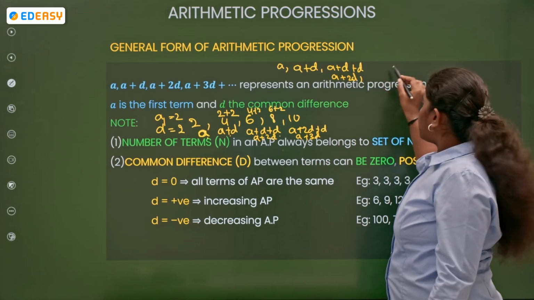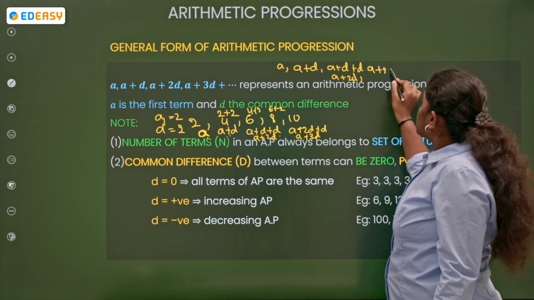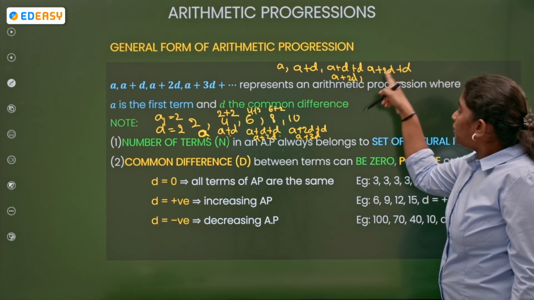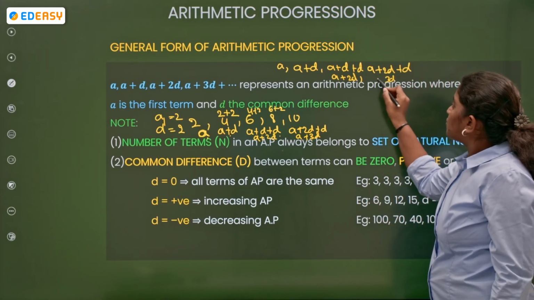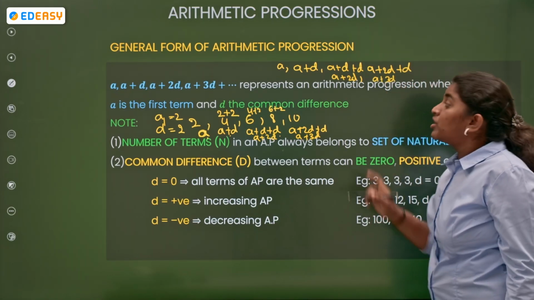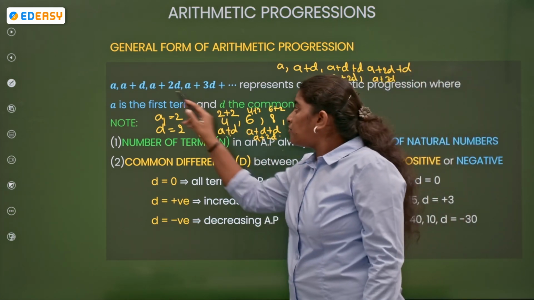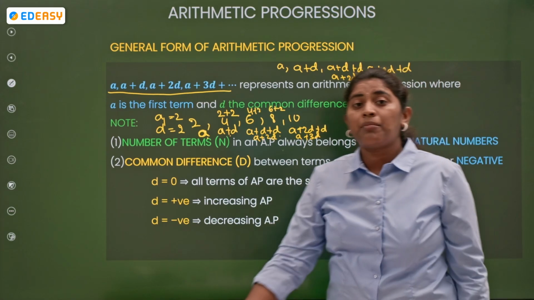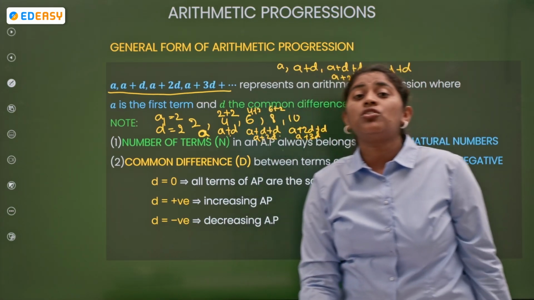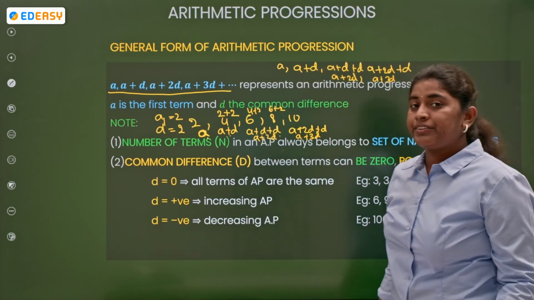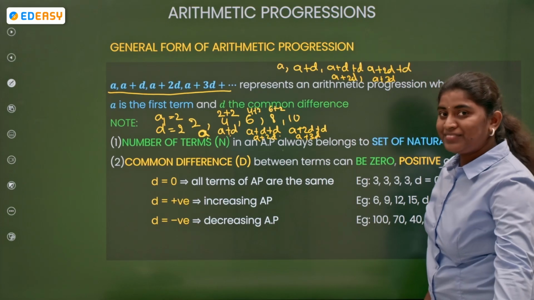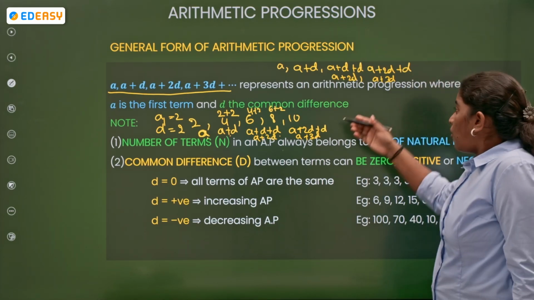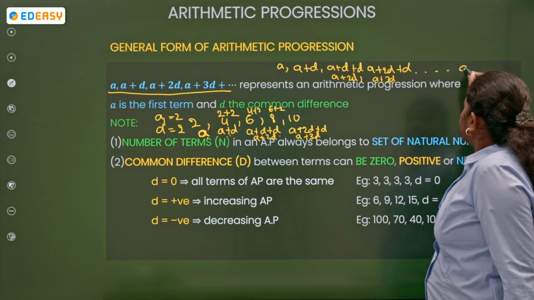For this a plus 2d, you need to add another d. Now, 2d plus d will become 3d. So here we got a plus 3d. So for that reason, the general form will become a, a plus d, a plus 2d, a plus 3d and so on. Clear, everyone? Any doubt? And so on, you will be getting the an.